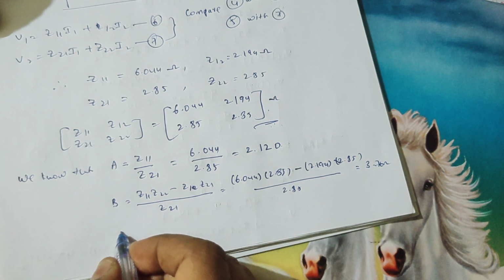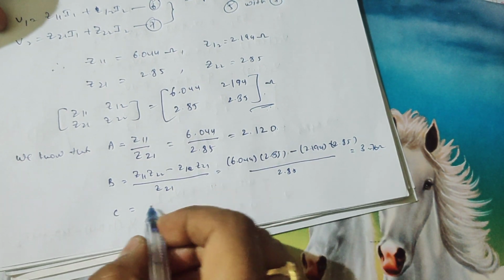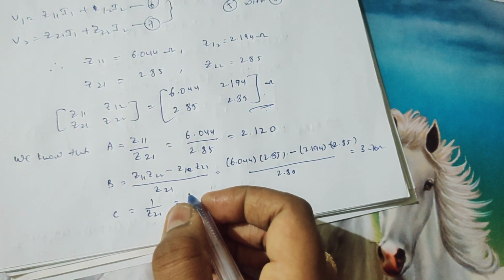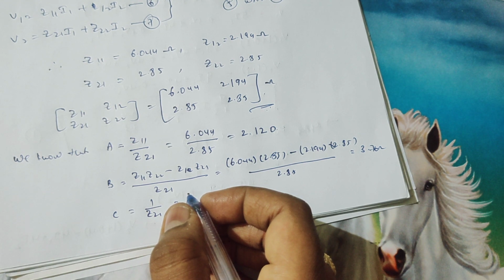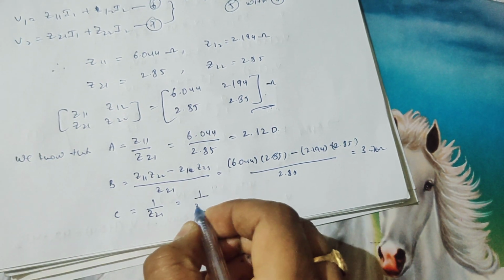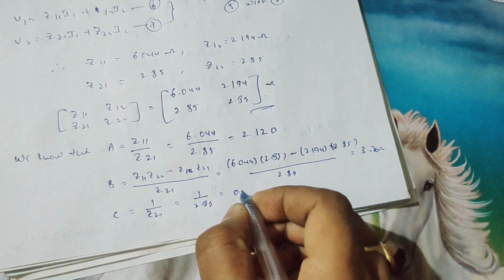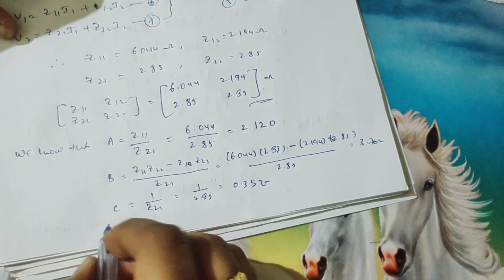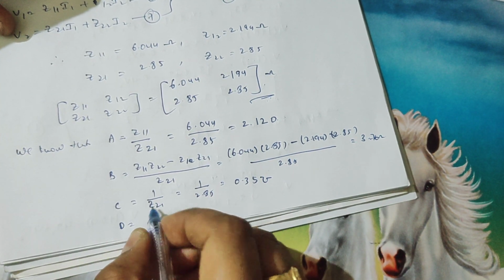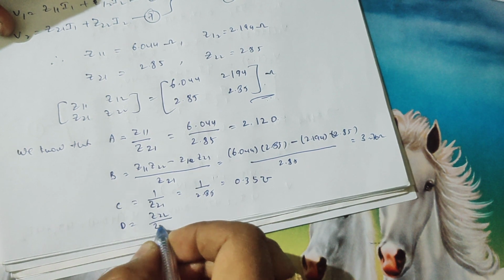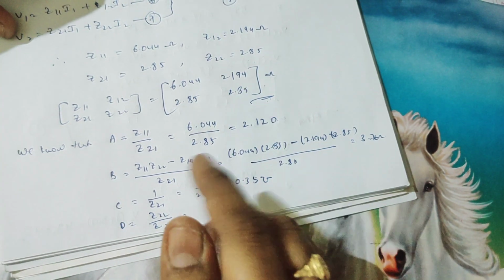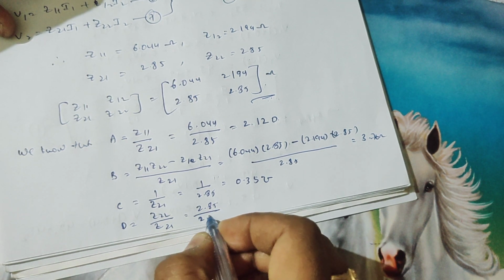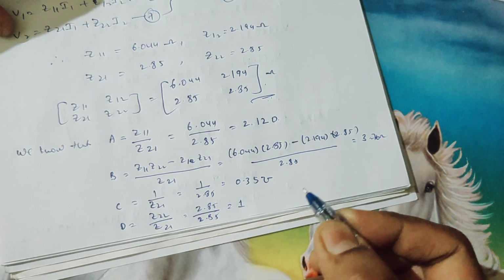Similarly, C is 1 by Z21. So this value becomes 1 by 2.85, 0.35 mhos. Similarly, D is equal to Z22 by Z21. So Z22 is 2.85, Z21 is 2.85. You get 1.